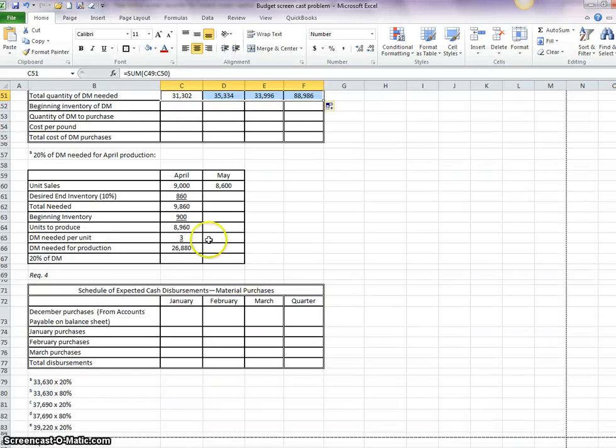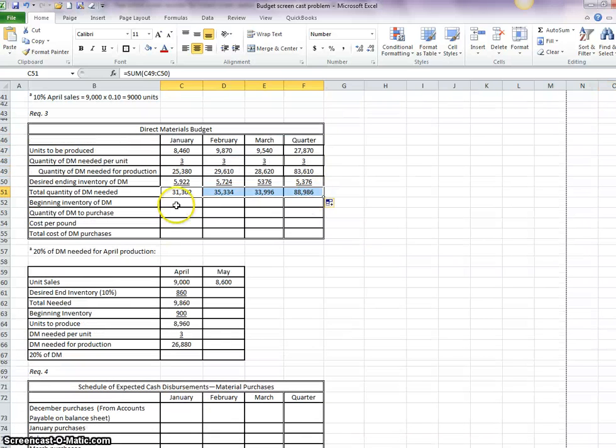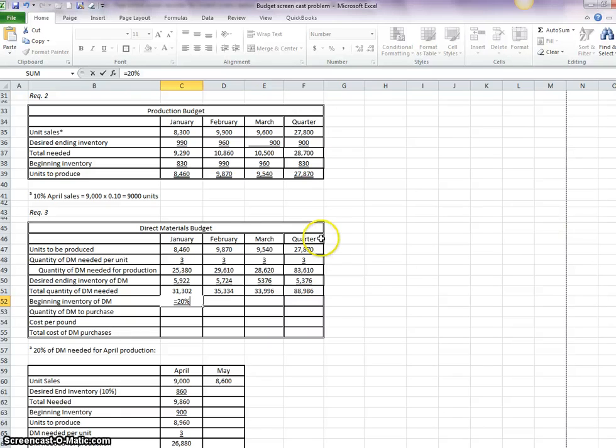So let's go to equals 20% of January's materials needed.